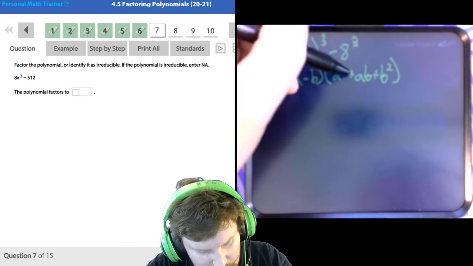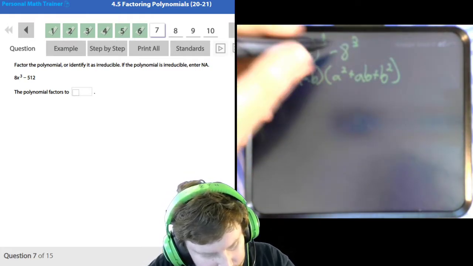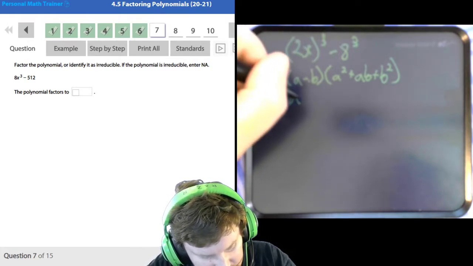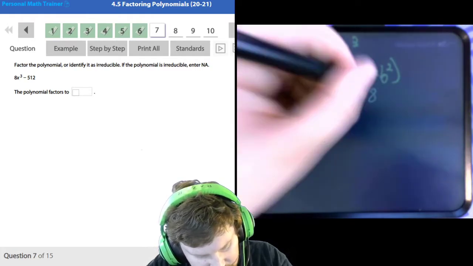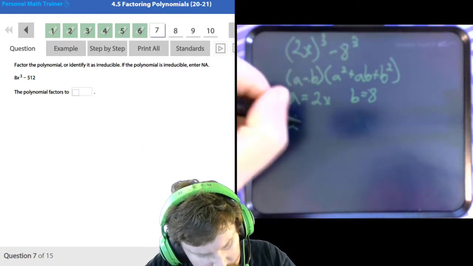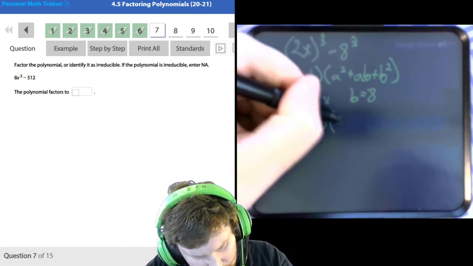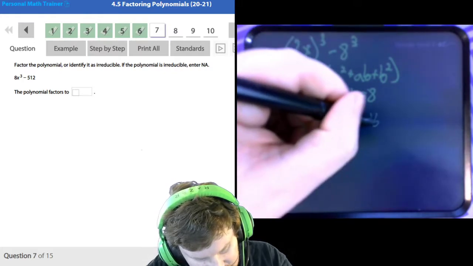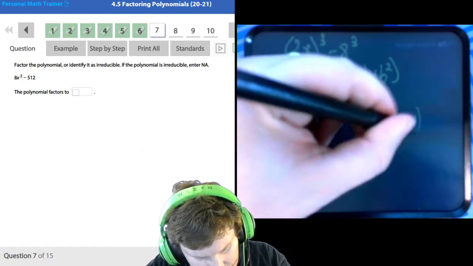So SOP: same, opposite, positive. So this is when a equals 2x, b equals 8: 2x minus 8, 4x squared plus 16x plus 64.